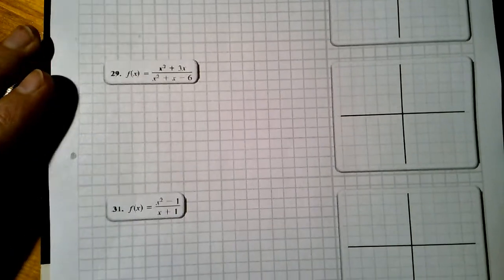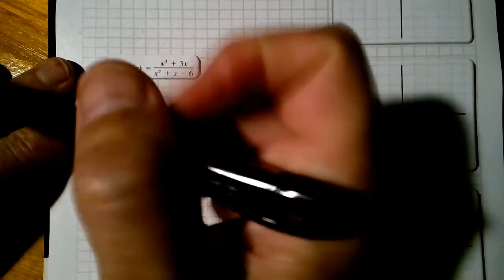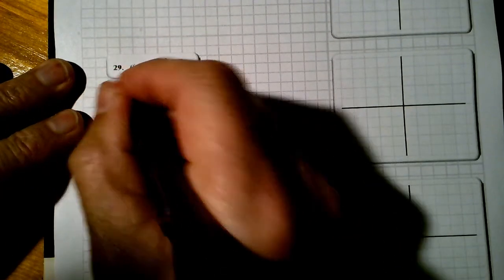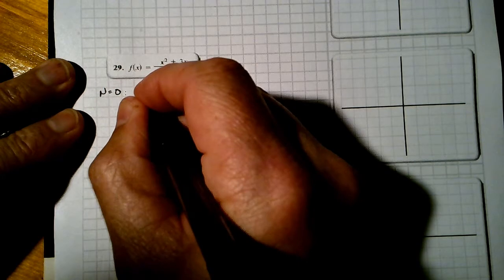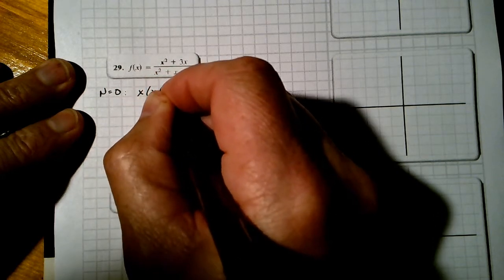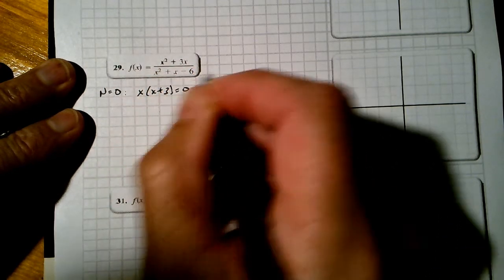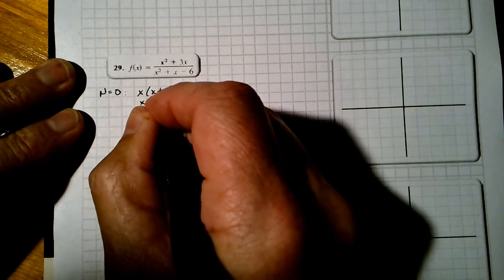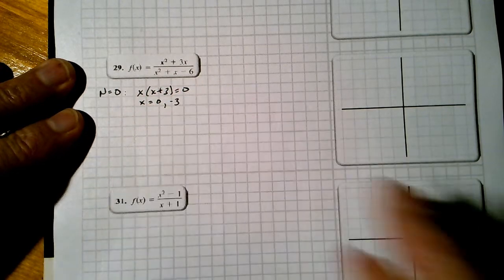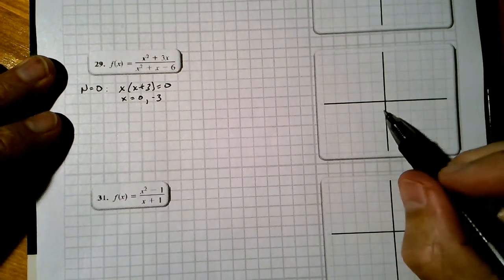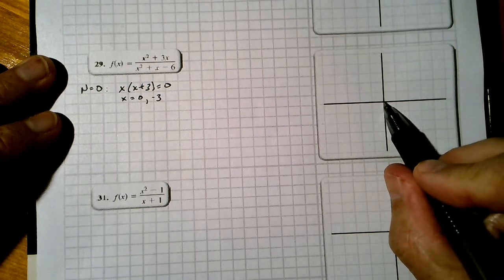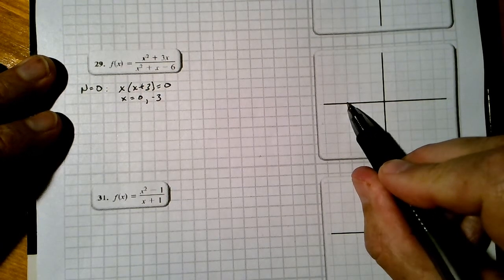Let's take a look at 29. Numerator equals 0. That's x times x plus 3 equals 0. That gives me x equals 0 and negative 3, which means I expect a point at 0, 0, and I expect a point at negative 3, 0.